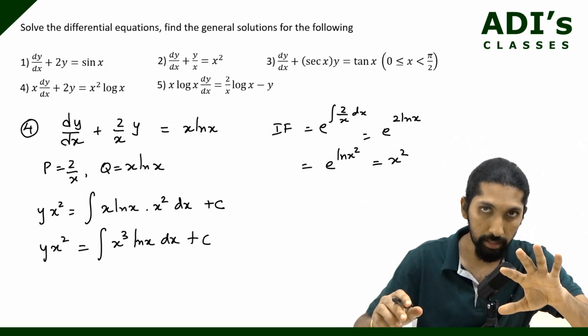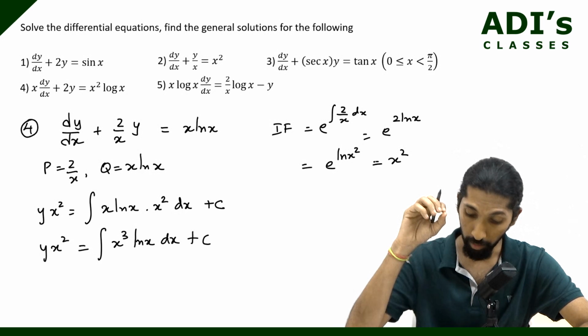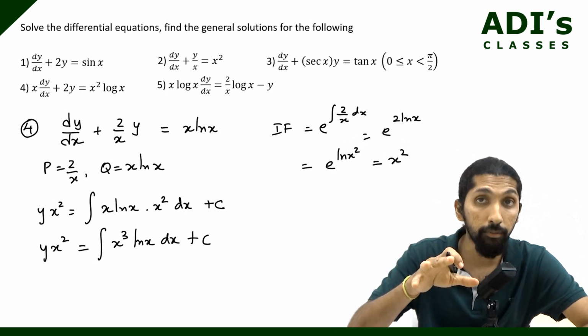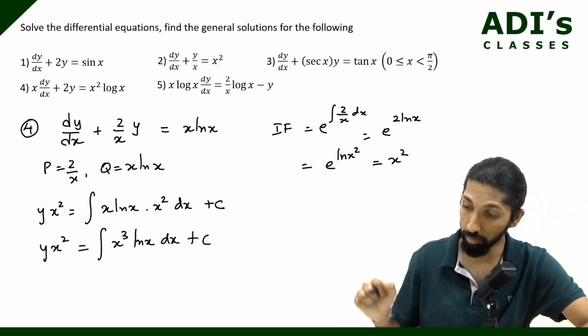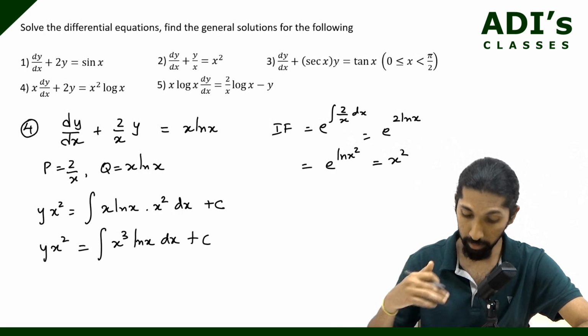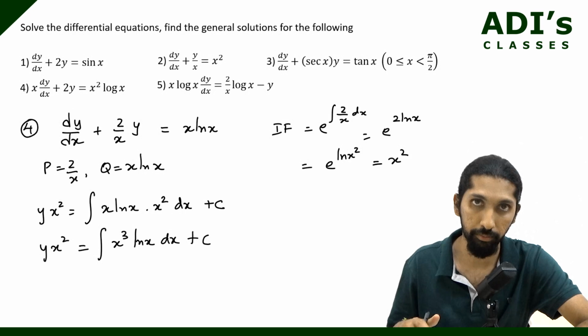Now again, LHS, keep it aside. We are not going to touch the y into x square part. We have to do integration of x cube log x. Again, we have to do by parts. And you know the precedence in which we need to take the functions, right? So let's do the integration part of x cube into log x now.